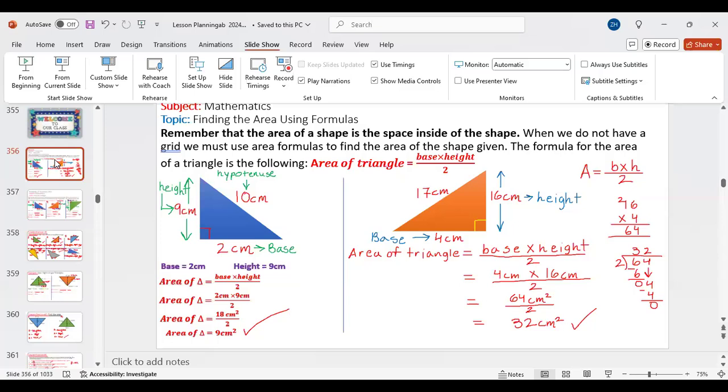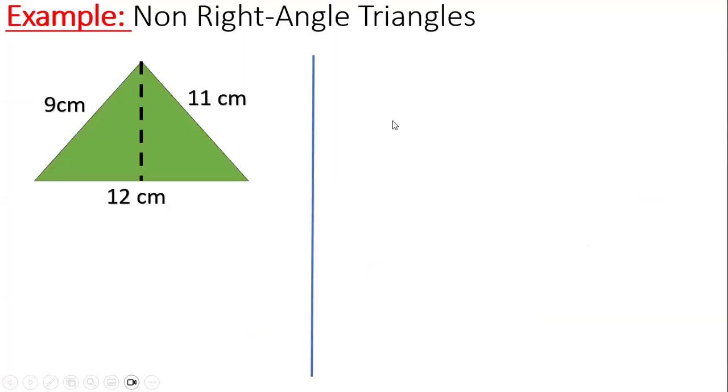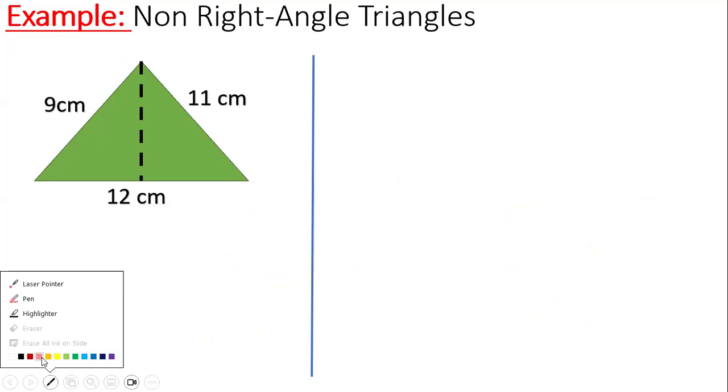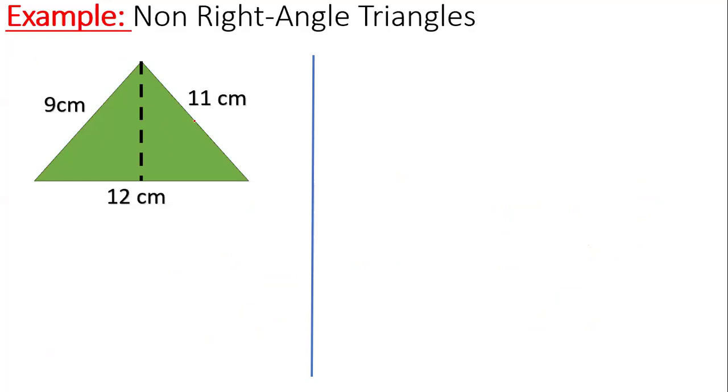So let's do this example. How do you find the area of something that's not a right angle triangle? So write down this example for me, please. How do we find the area of something like this?